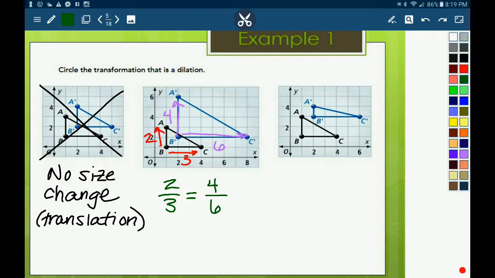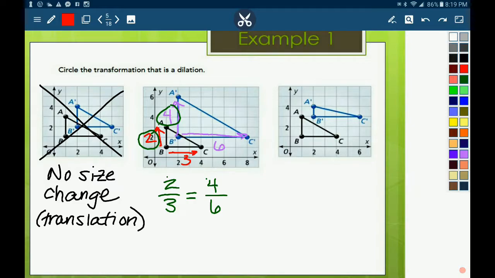I know that 2 and 4 should be the numerators, because 2 corresponds to 4, since they both represent going from A to B, and A prime to B prime. So now you can type this in your calculator, or you can just try to reduce the fraction. I'm just going to type in my calculator.